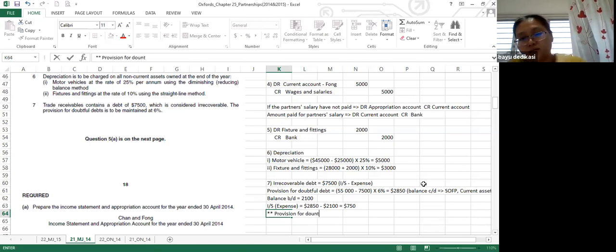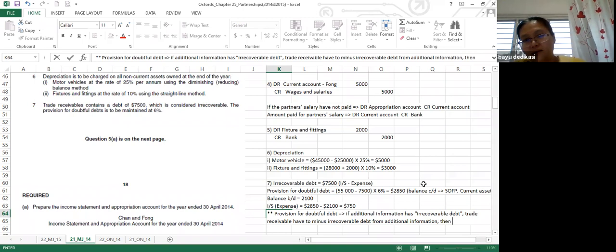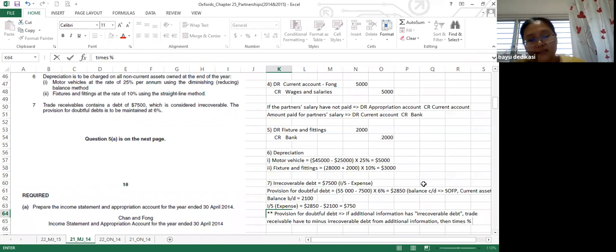If the additional information has irrecoverable debt, the trade receivable has to minus the irrecoverable debt in the additional information, and then times the percentage given.